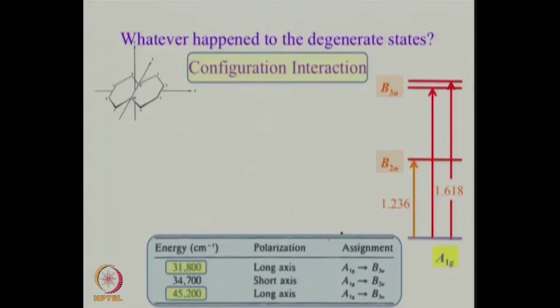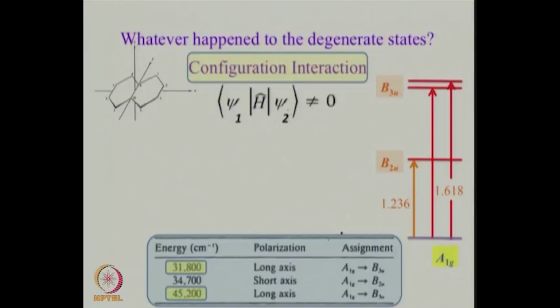Configuration interaction means you have two configurations which have the same energy or nearly the same energy, and then they have the same symmetry. In this case, they become talkative configurations. They do not remain by themselves, they talk, they mix, and when wave functions mix, you end up getting linear combinations, one of which is lower energy, one of which has higher energy.